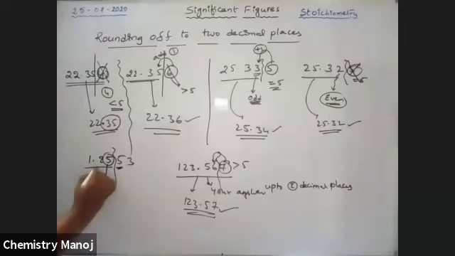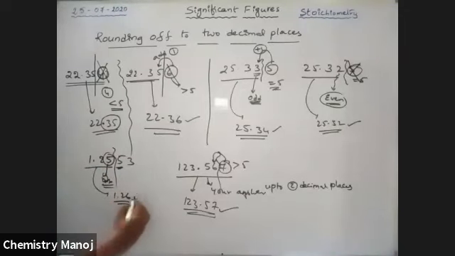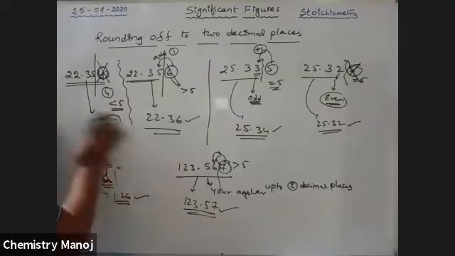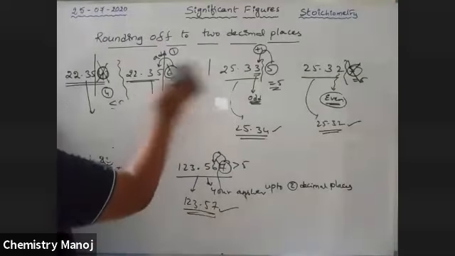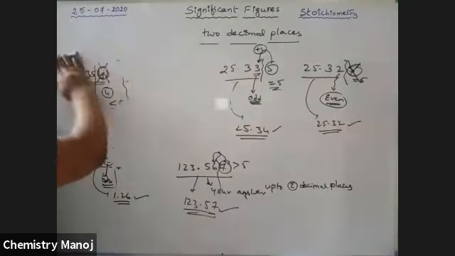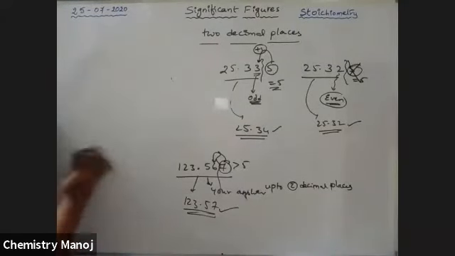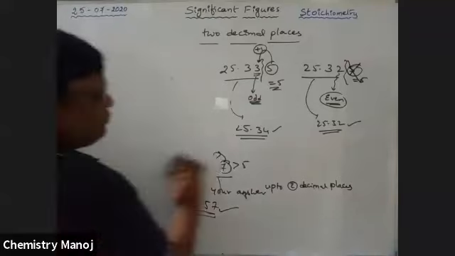Therefore, our answer is 1.26. Yes, 1.26. Please wait, boys. Okay. Next one. So this is the way of rounding values. Whether rounding to 2 or 3 places, everywhere we will follow these rules.